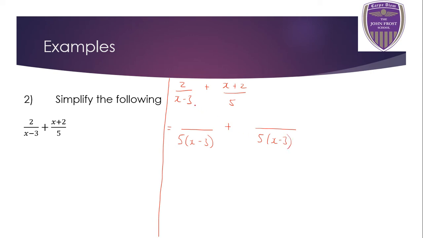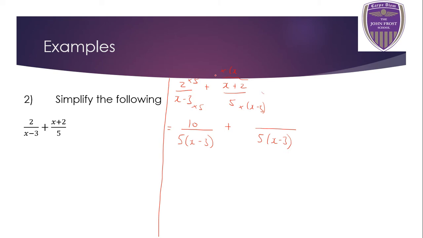Now we can see, can't we, that I've multiplied this one here by the 5. So 2 times 5 is 10. This one I've multiplied by x minus 3. That means I have to multiply the entire top here by x minus 3. All right.